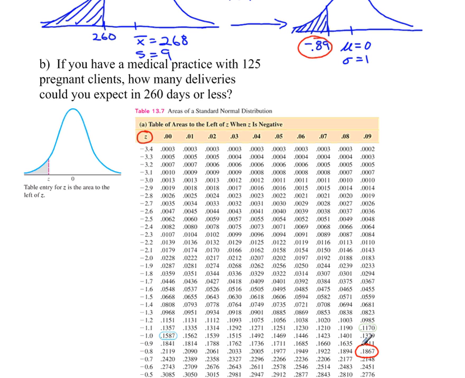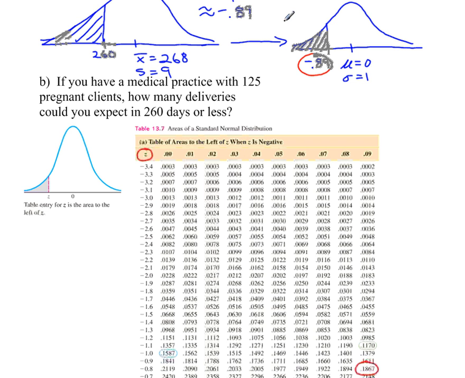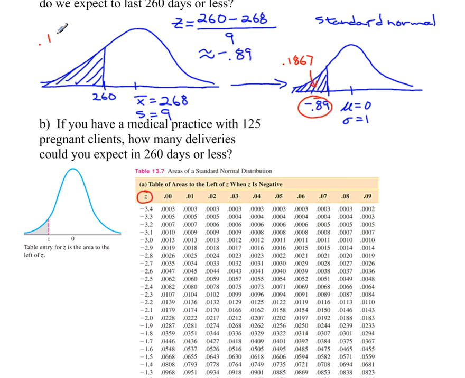And we see 0.1867. 0.1867 represents the area of this shaded region on both curves. So the 0.1867 represents what proportion of the area under the entire curve is represented by the shaded region.